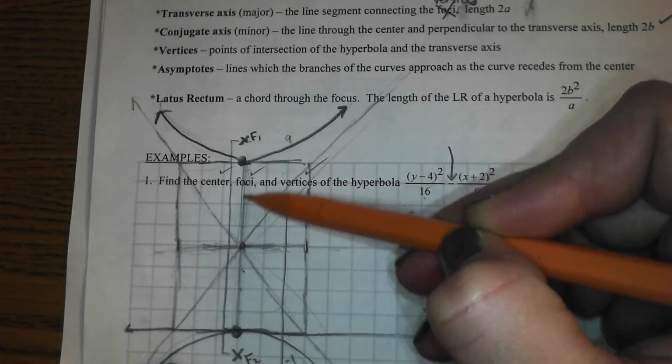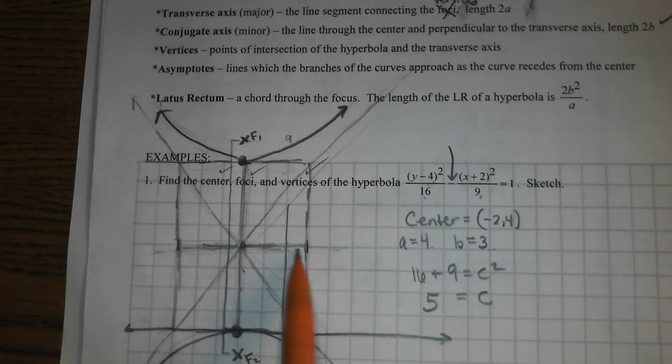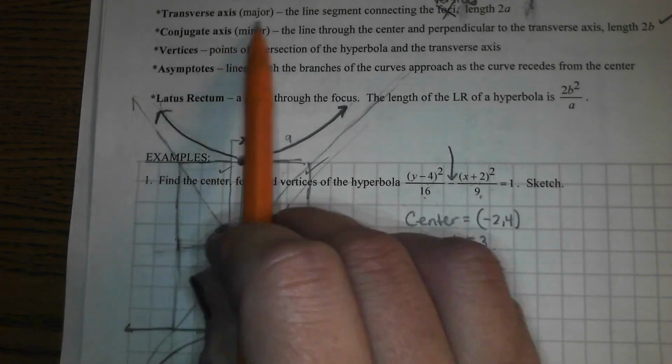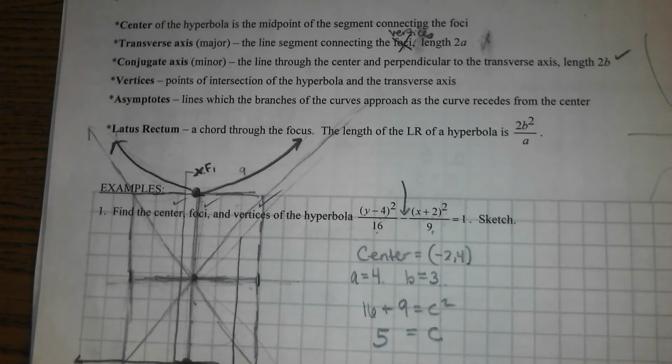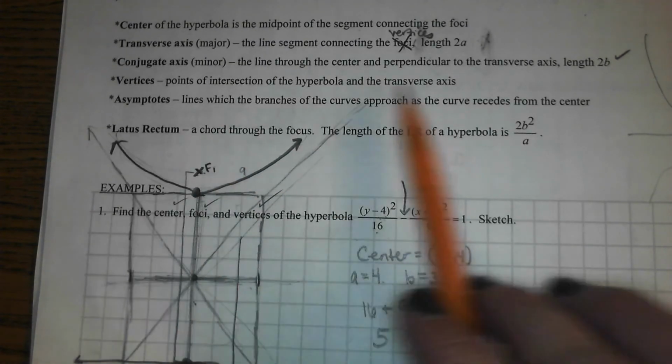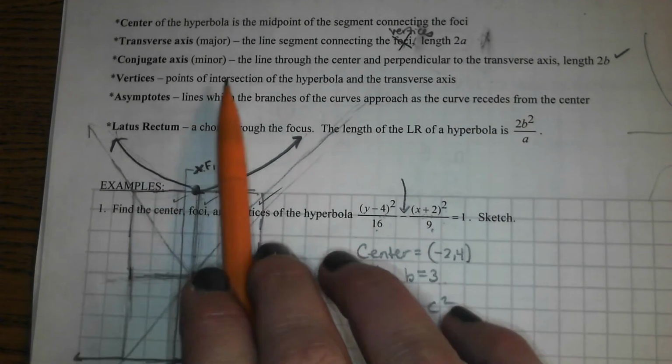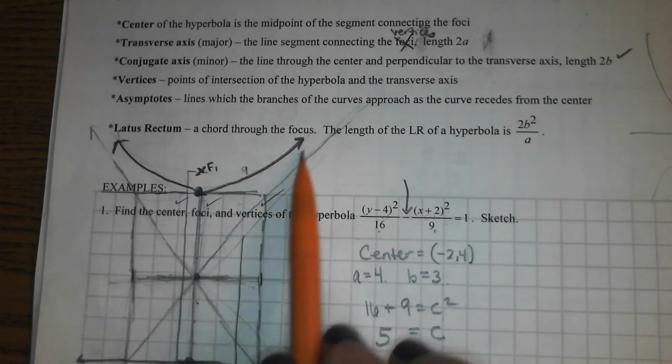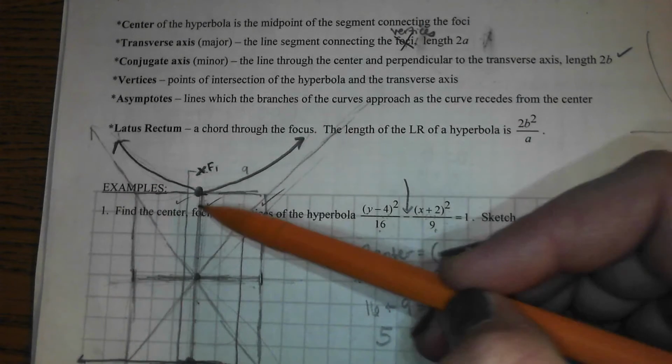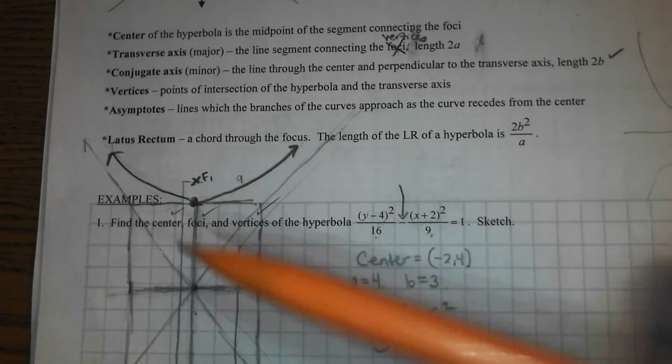Here's your major, here's your minor. That's just to summarize that more easily. Again, these words make it more complicated than it really is. Vertices we have, that's the point of intersection of the hyperbola and the transverse axis, which was the major axis here, so that makes sense.